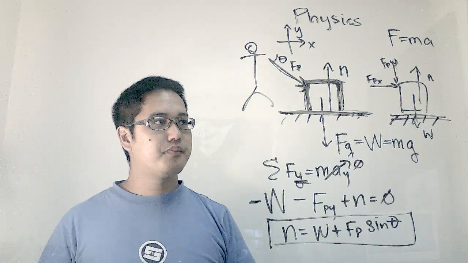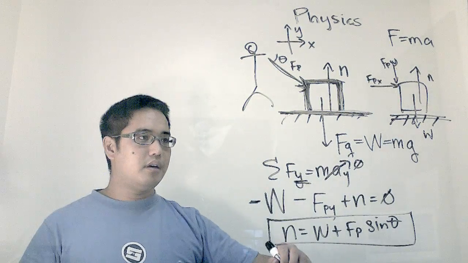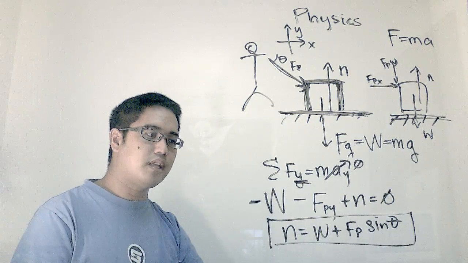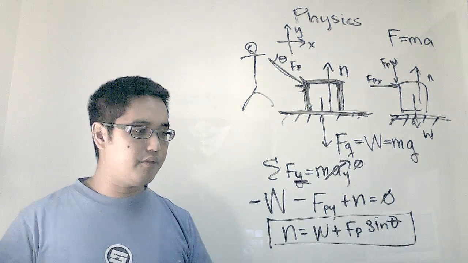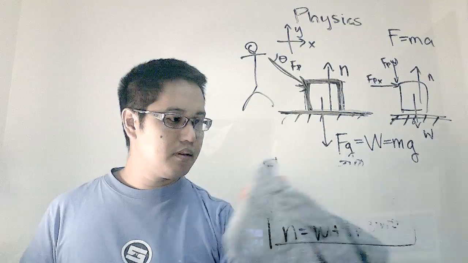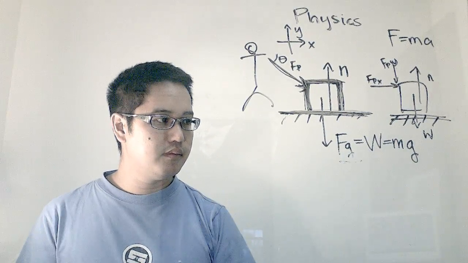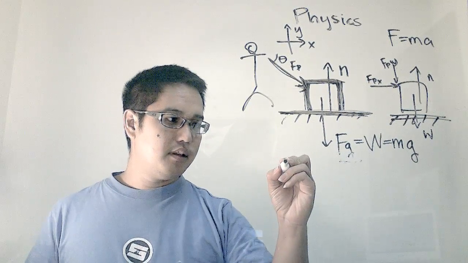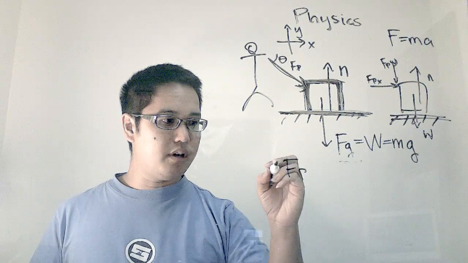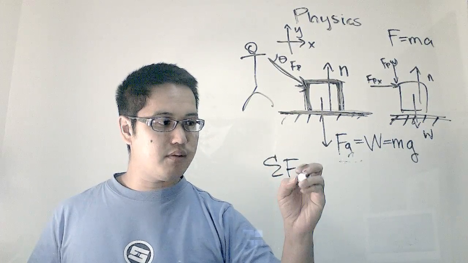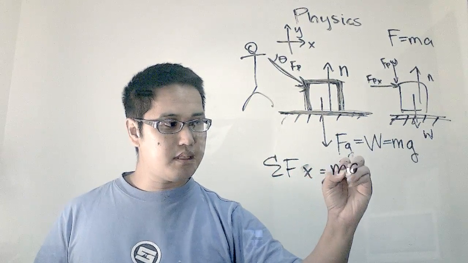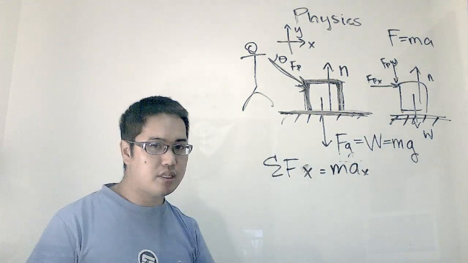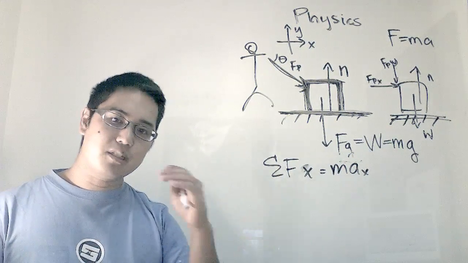All right. Let's move on to the x direction. That one's pretty straightforward. Sum of the forces in the x direction is equal to mass times acceleration in the x direction. Here's the first question: is the acceleration in the x direction 0?